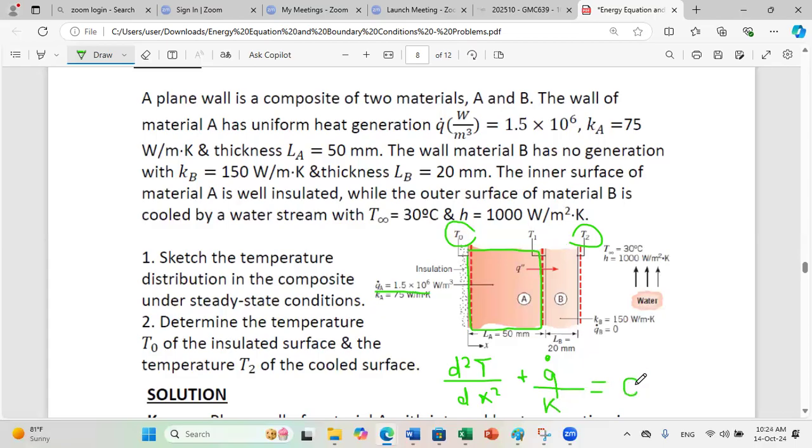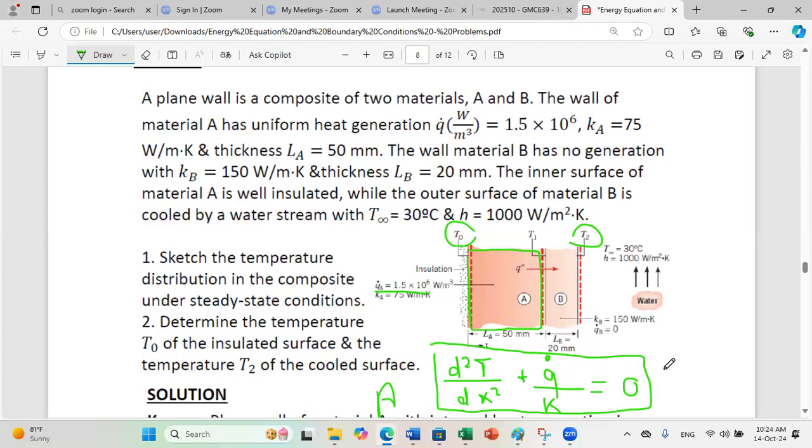So I give you the general equation, and you do simplification exactly as we did in the previous problem. So you get the general form for steady state conduction with heat generation. This is the differential equation for material A.